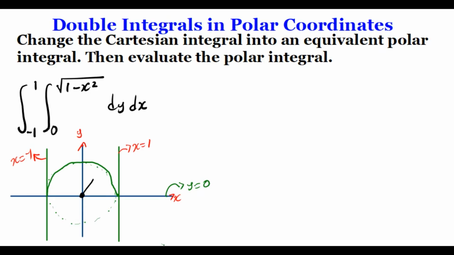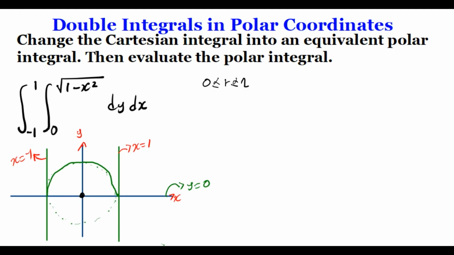No matter what you pick, whether you do that, that, or that, it's always going to be 1. So it simply means r starts from 0 and goes all the way to 1. We have gotten the limits of integration for r.